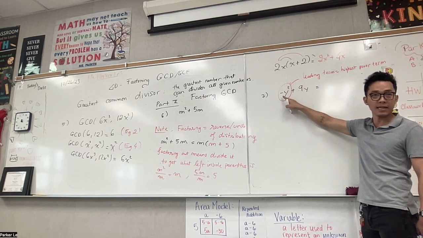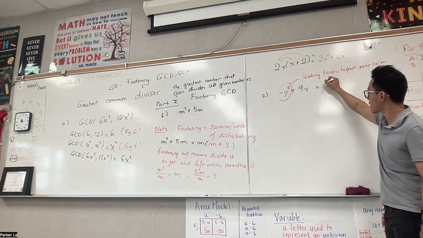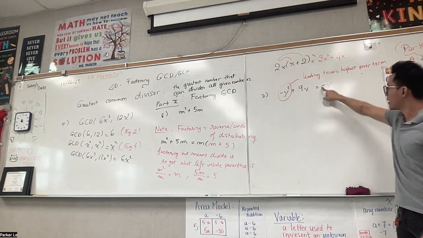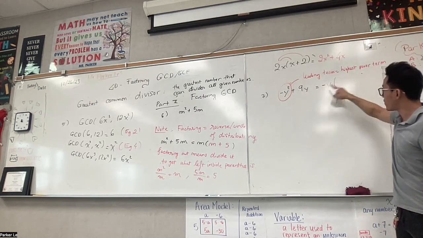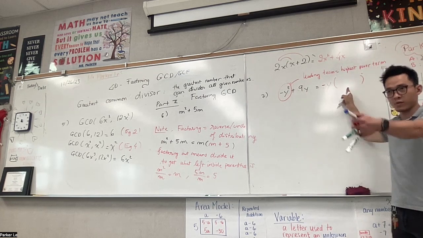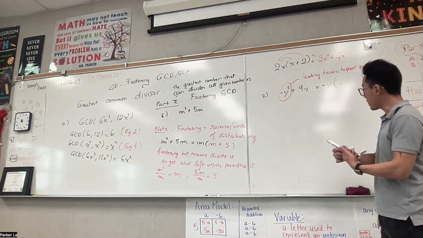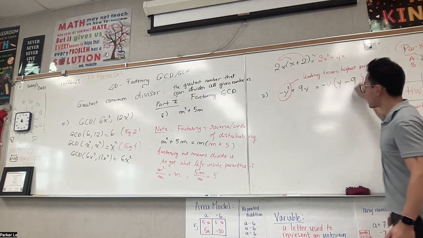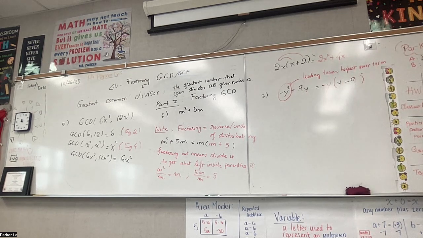So we need to take care of the negative as well. So you need to take out the negative y. But now, because you take out the negative, something is going to change inside. What do you have left inside? Negative. It's a one.